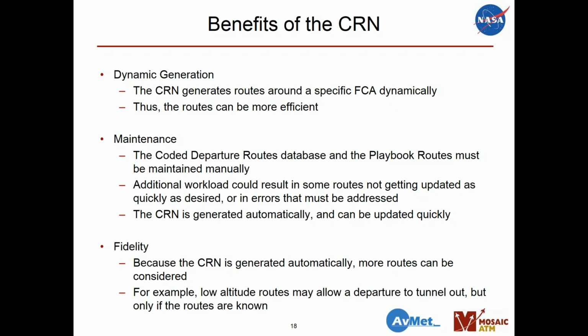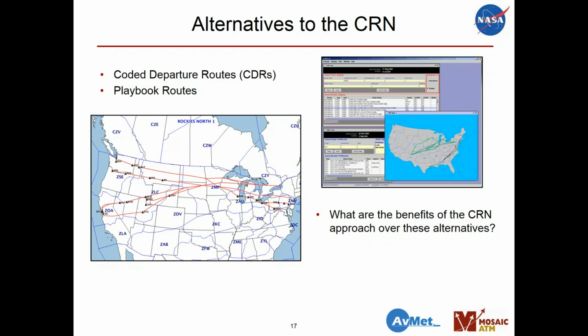And so because of that, we do not end up with, for example, routes that may go further up into Minneapolis than might be necessary to address a weather situation that may be located in the northeastern area of Denver Center or something like that.